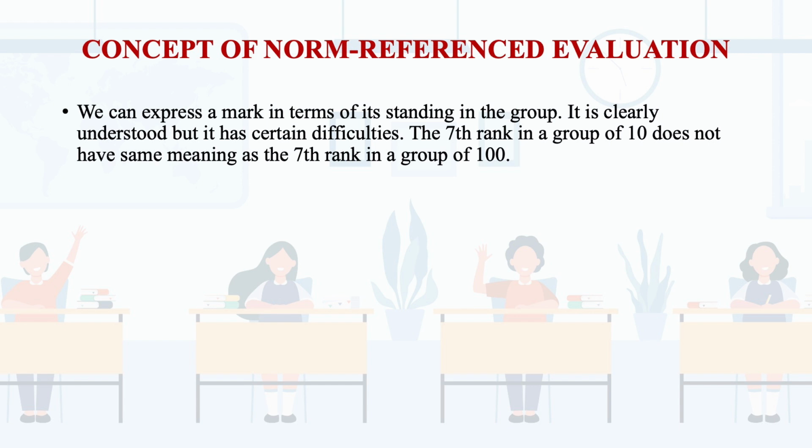Let's say in one group 10 students are there, and in another group 100 students are there. Here, consider the 7th rank in a group of 10 students and the 7th rank in a group of 100 students. If you find out their ability and performance, though in both groups it is the 7th rank, so far as ability is concerned, really it is not the same.